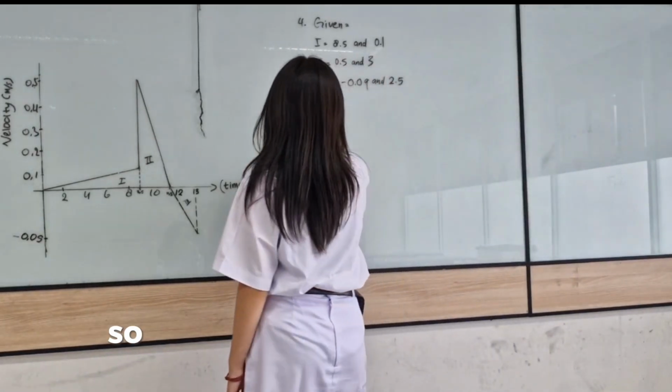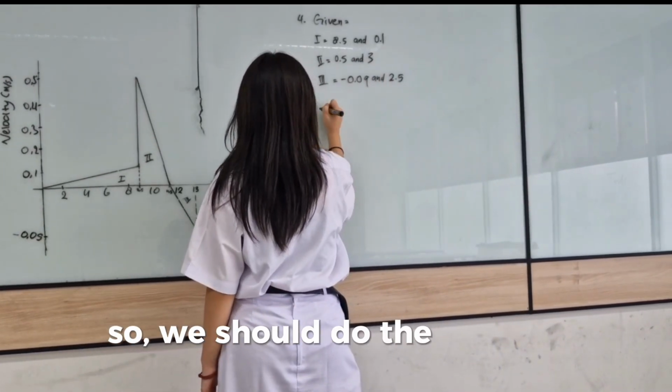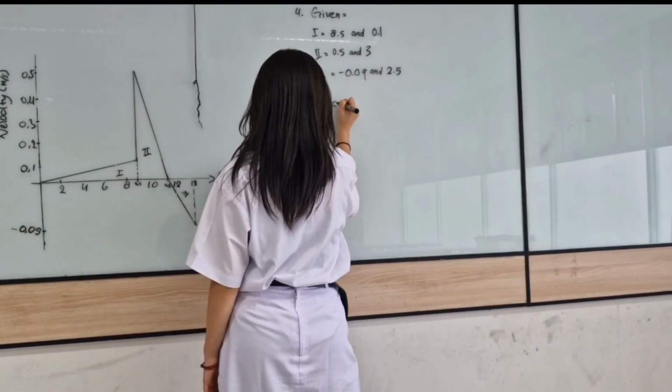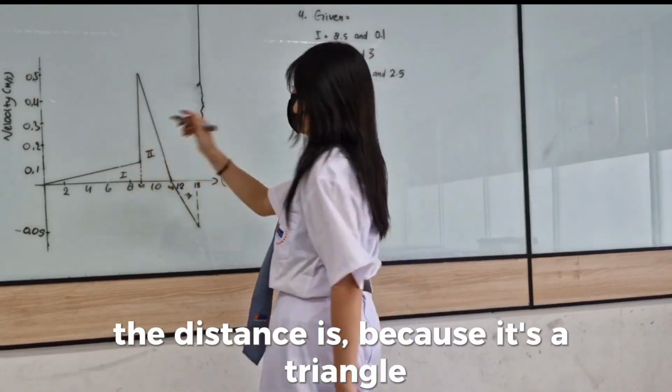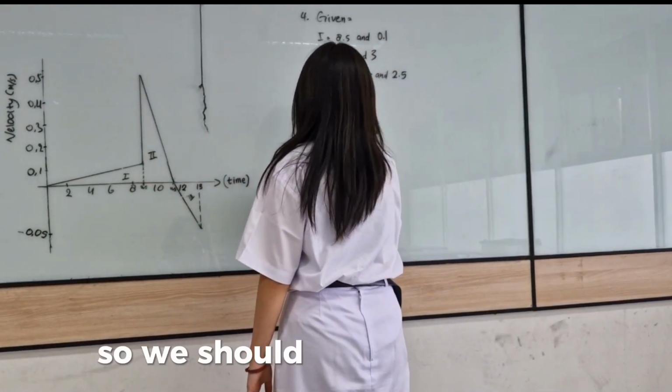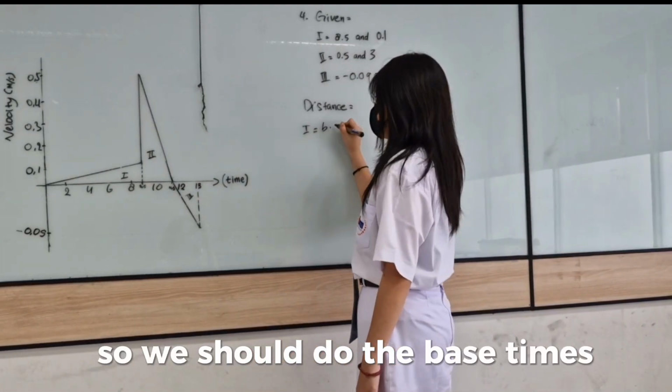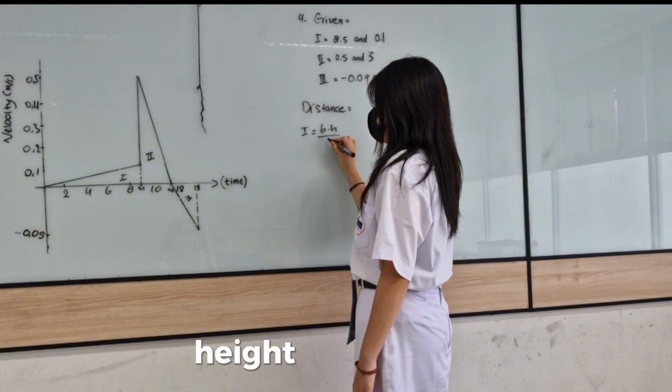So we should do the distance first. Because this one is a triangle, we should do base times height divided by 2.